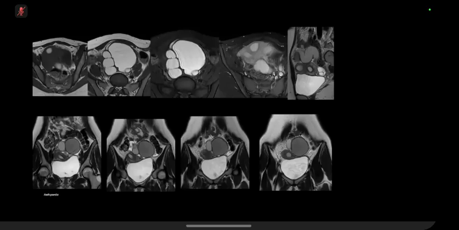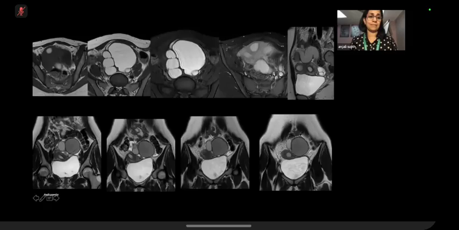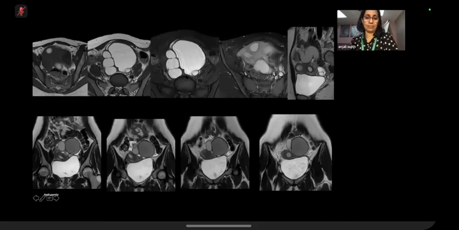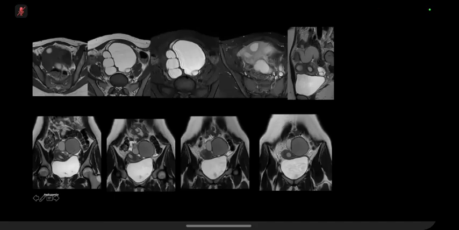It is bright again, and it looks like a multi-septated lesion. There's no solid nodule at this stage that I can see. On the fat saturated T1, it remains bright. So bright on T1 and bright on the T1 fat sat. And then on the post contrast, some of the elements show avid enhancement.